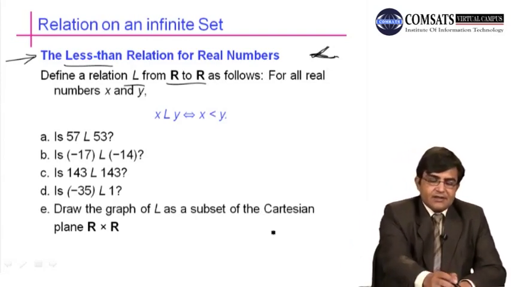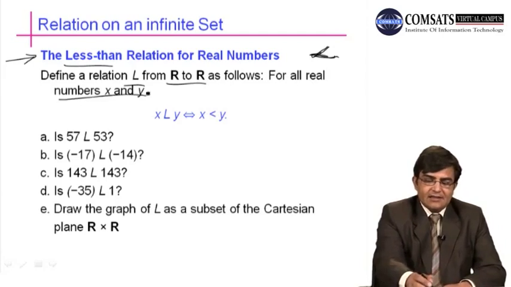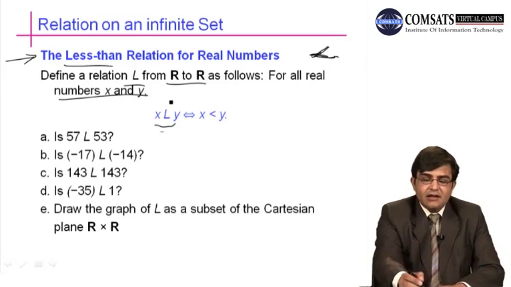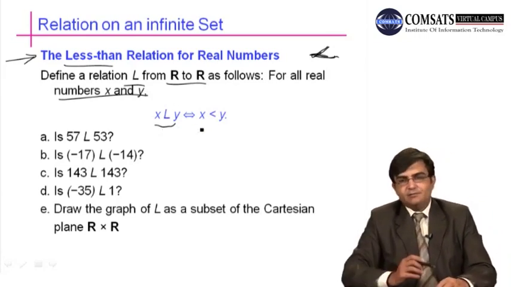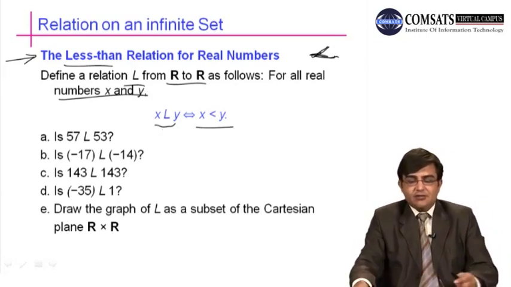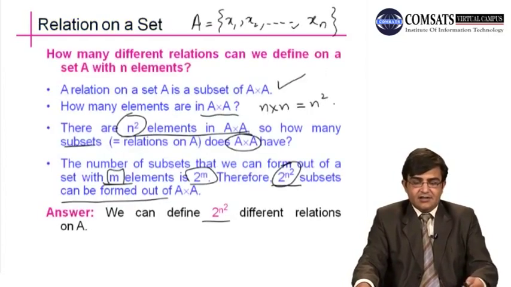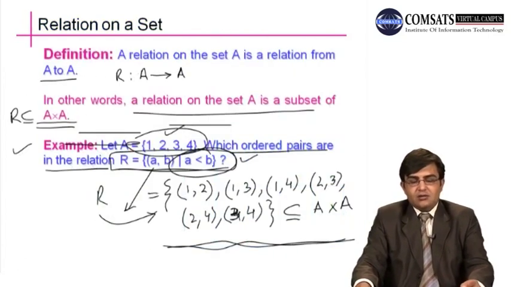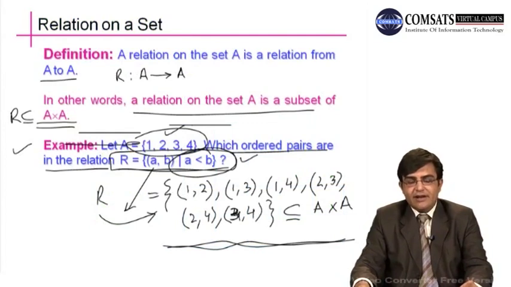Now for all real numbers x and y, x is related to y, where the relation is L, if and only if x is less than y. This is the less than relation we discussed in the earlier example, in which we chose the set A to be finite, containing 4 elements.